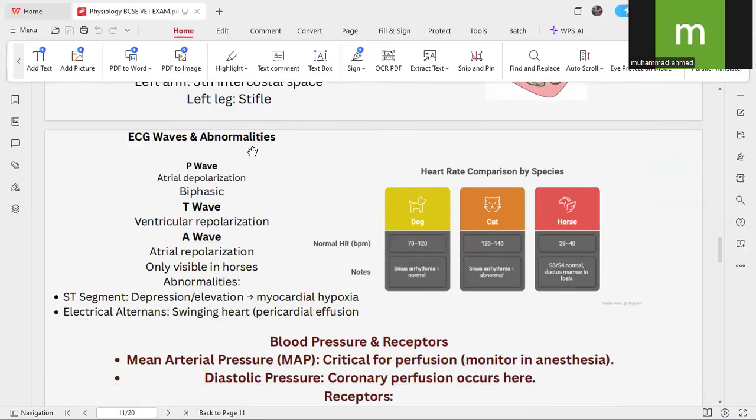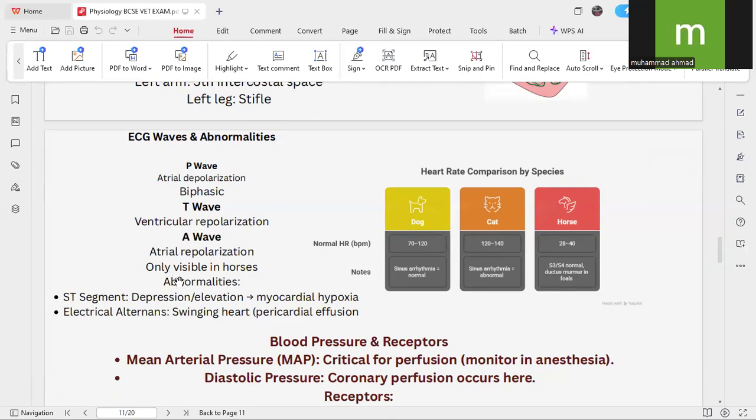ECG waves and abnormalities. P wave is atrial depolarization, biphasic. T wave is ventricular repolarization; the ventricles are going to relax. The Ta wave is atrial repolarization, only visible in horses.